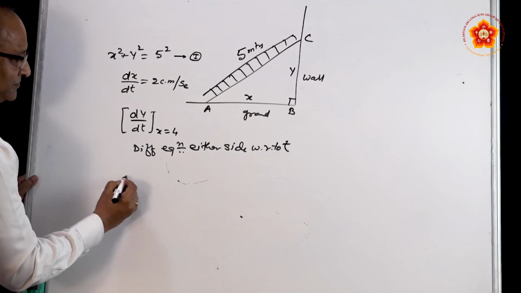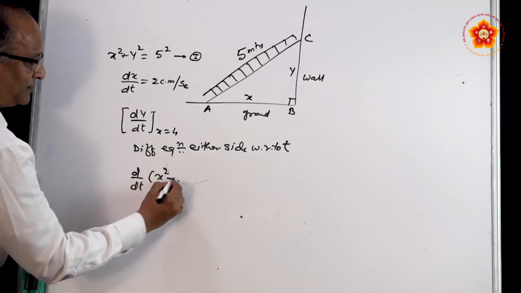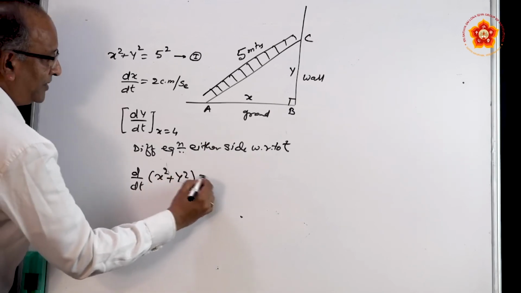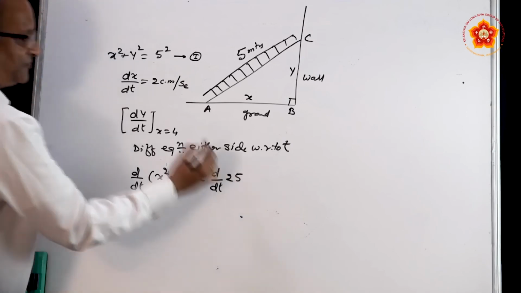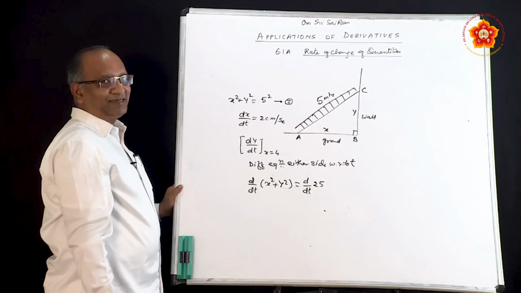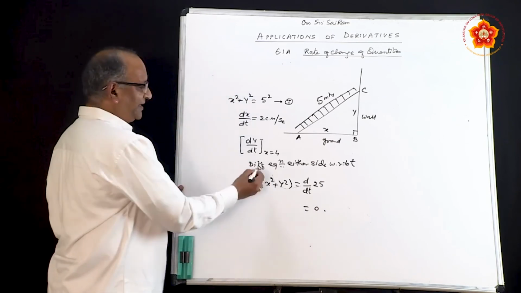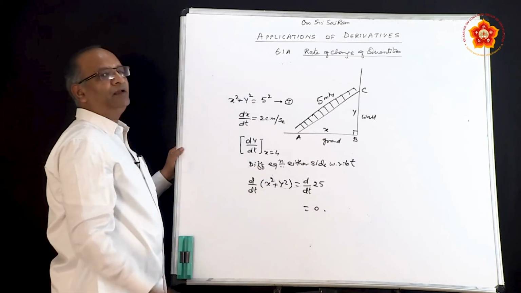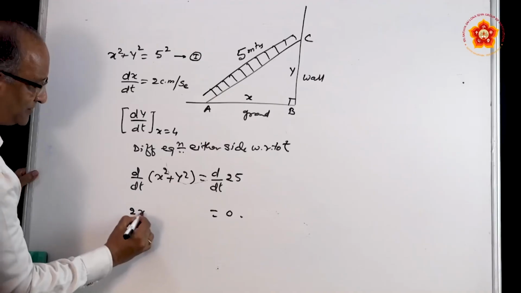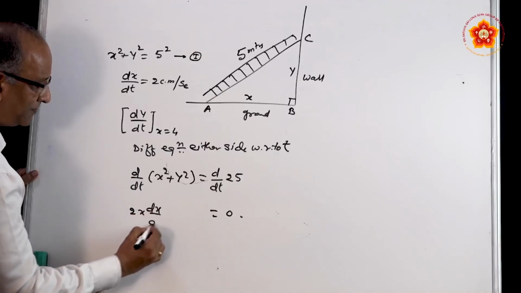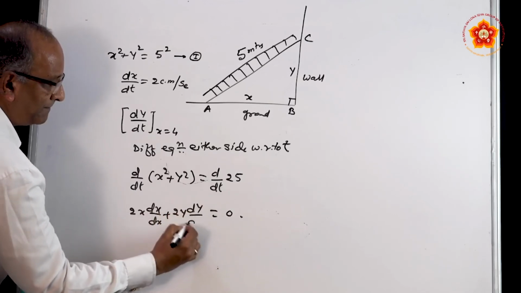You get d dt of x square plus y square equal to d dt of 25. 25 being a constant, it is 0, so the right hand side is 0. How do we differentiate x square with respect to t? We change it to d dx of x square, which is 2x dx by dt plus 2y dy by dt.